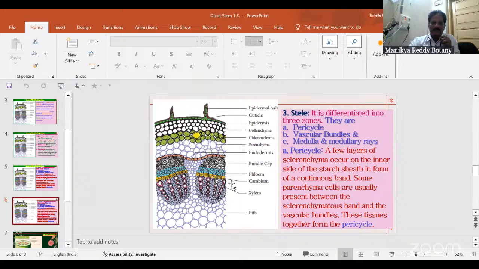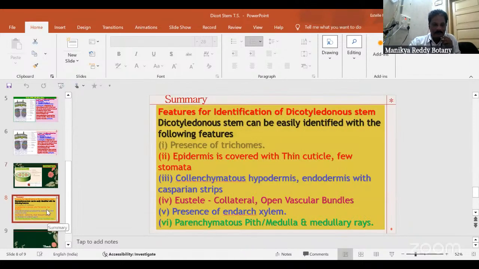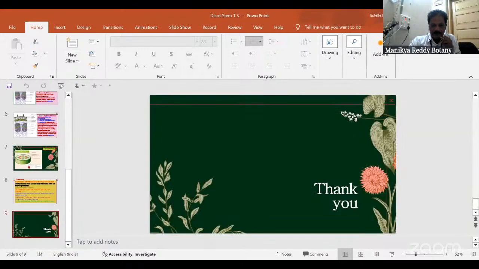Okay. Next one, vascular bundles. Before that, let me explain the vascular bundle. This is the vascular bundle.